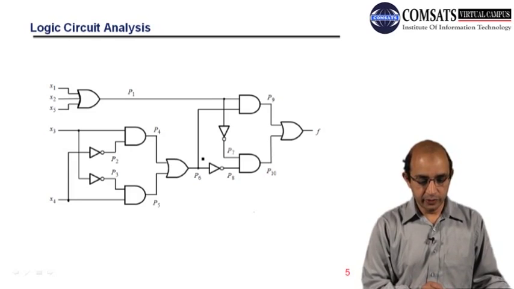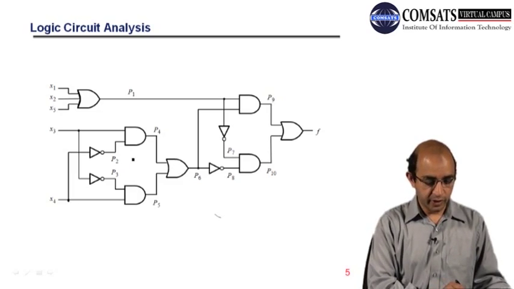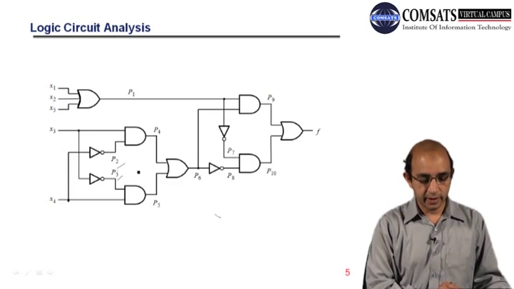And we have P2, that is x4 complemented. We have P2 here, that is complemented. And then we have P3 over here, and that is x3 complemented.